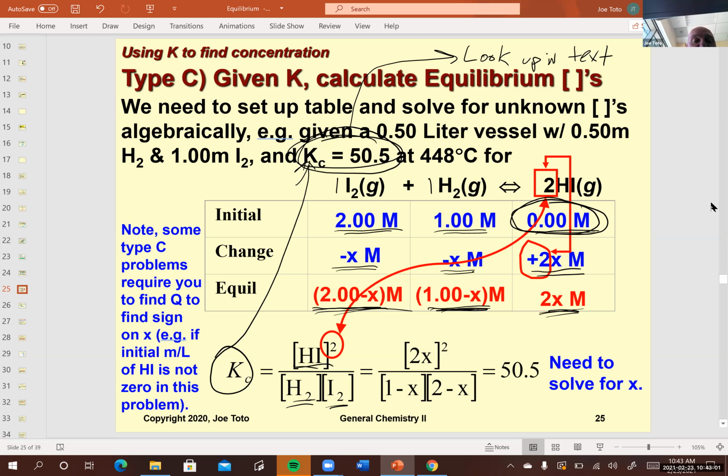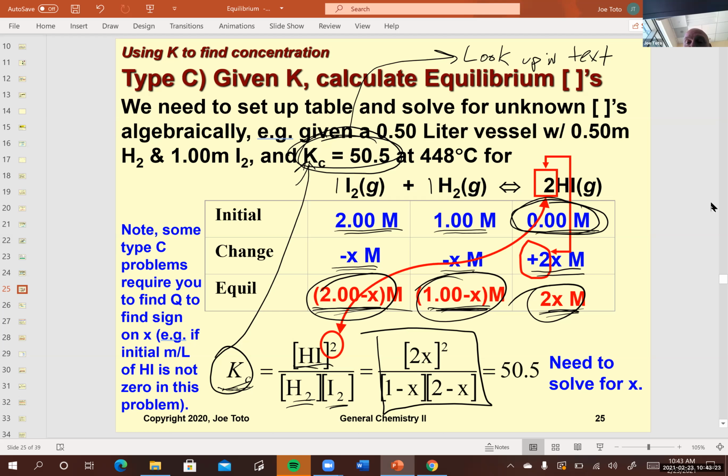And then I can use the definition of K and the law of mass action, which says take these concentrations at equilibrium and put them to their stoichiometric coefficients in this type of ratio here. So I have the concentration of the product to its stoichiometric coefficient here. That's in the definition of the equilibrium constant.